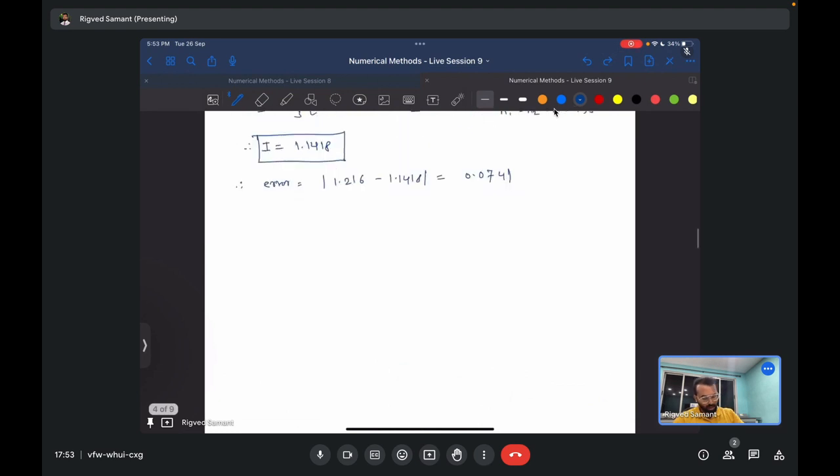So I'll just write down what I have explained. Trapezoidal rule, two applications, right?